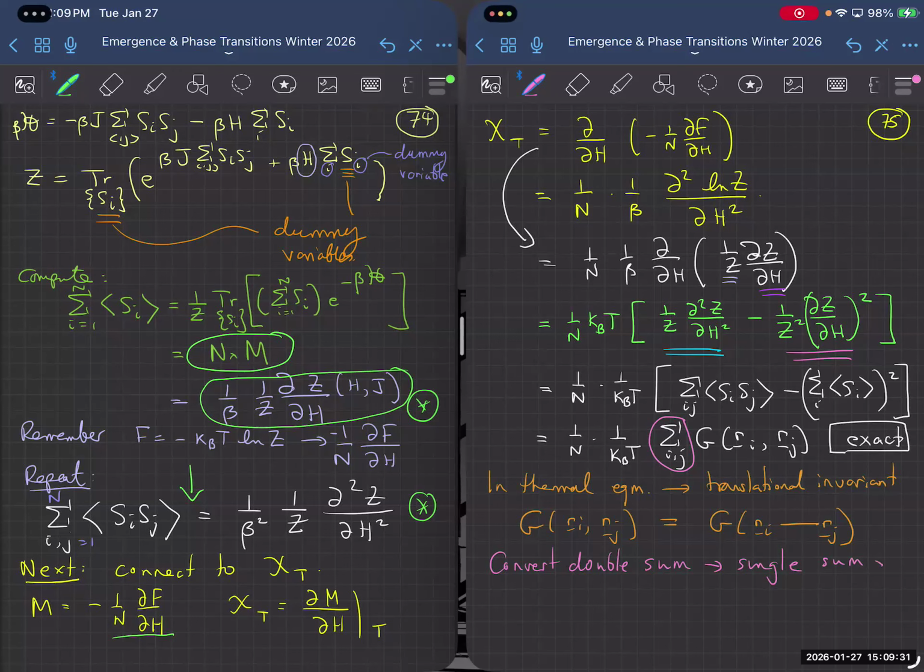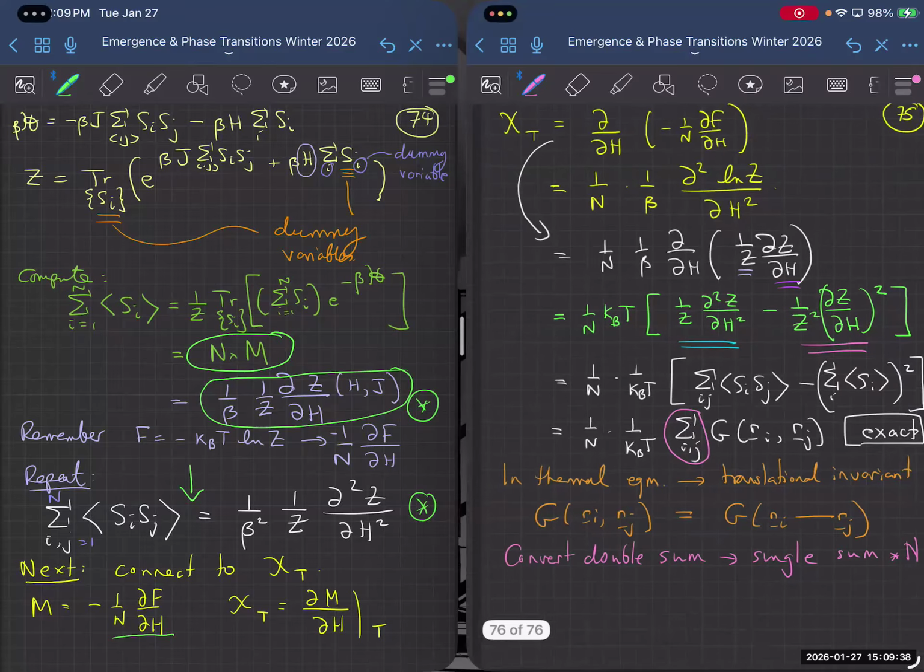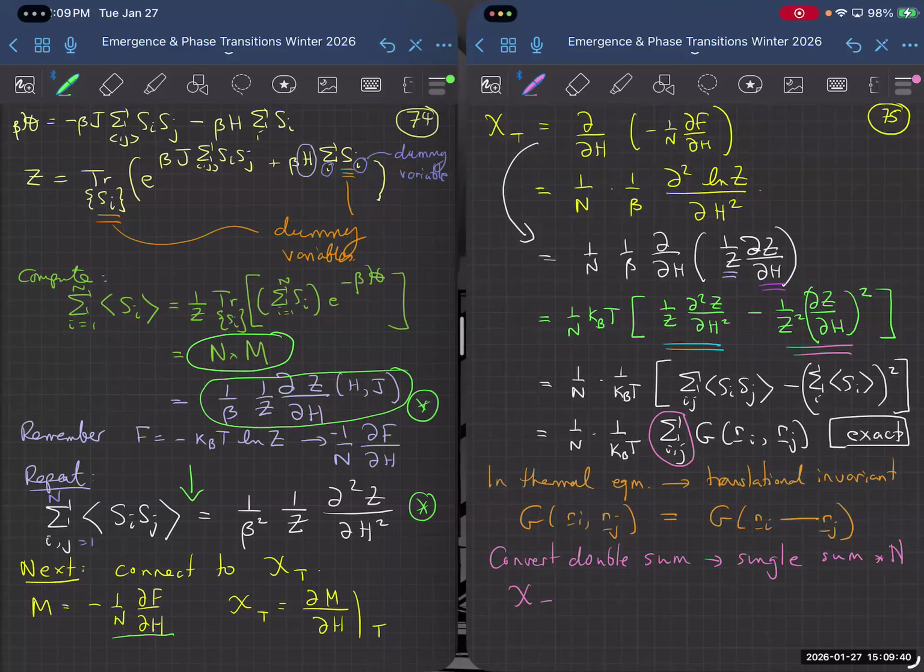And it's equal to a single sum times the number of variables, the number of lattice sites, n. And so then what I get is that chi_T is equal to 1 over n, 1 over k_B T, and then n times the sum over lattice sites, j equals 1 to n, of g(r_j).